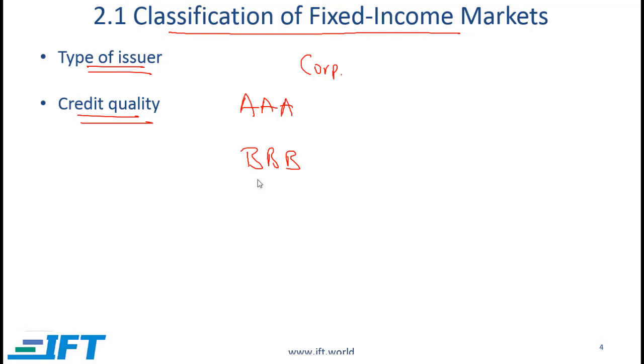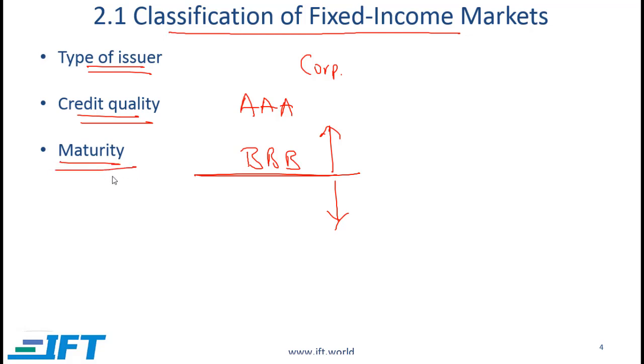This is material that you will see in a lot of detail later when we talk about credit analysis. Bonds with ratings of BBB and better are generally referred to as investment grade bonds. Bonds with a rating below a certain level are referred to as junk bonds. Again, more on this later.